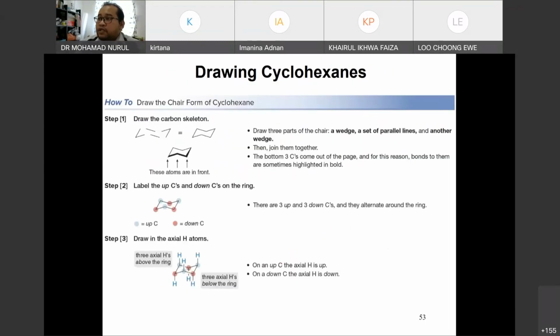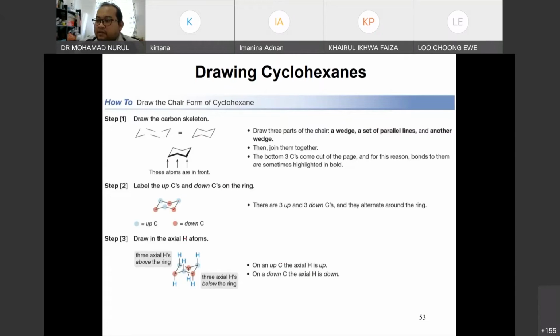And how to draw the cyclohexane? First, you have to draw the carbon skeleton here. Second, label the carbons up and carbons down. So this position is carbon down, this position is carbon up.